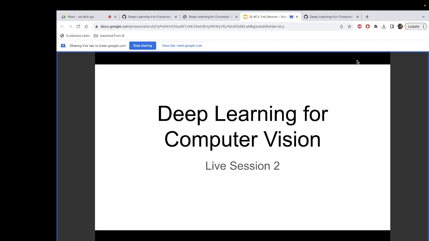Like I said, this is the second live session, and last day we had gone through some preliminary concepts of image processing. Today we'll be talking about a little more sophisticated things like edge detection and feature extraction. We all know that nowadays with deep learning we do a lot of feature extraction.